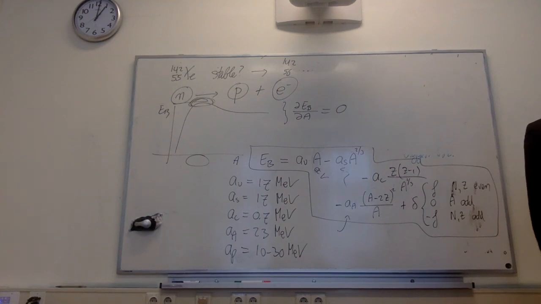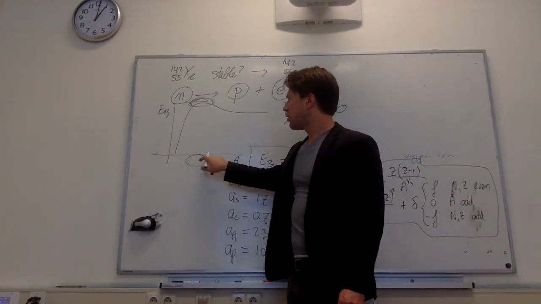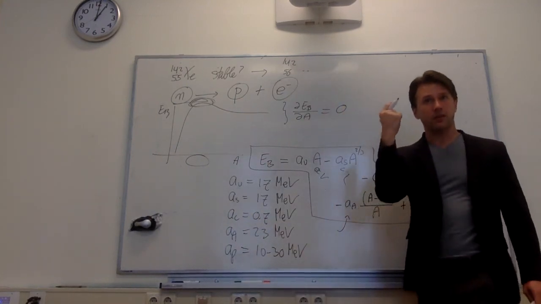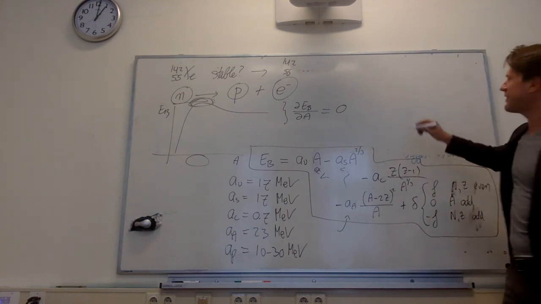Here's a follow-up question. What you now know is where the isotopes are with the protons and neutrons bound together, this number together being the highest number. We can ask a follow-up question: how many protons do you need? 56. You know the answer, but how do you get there?